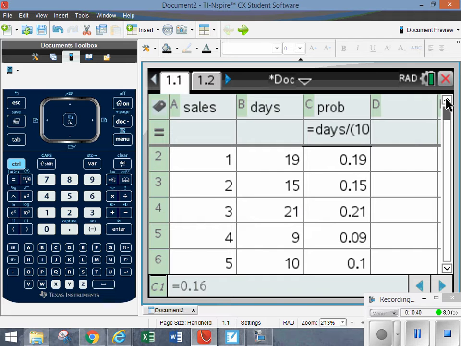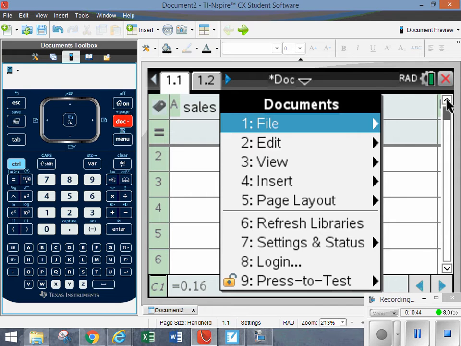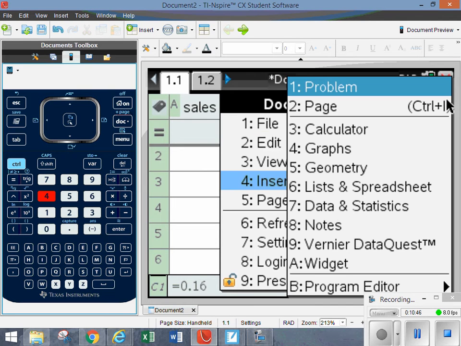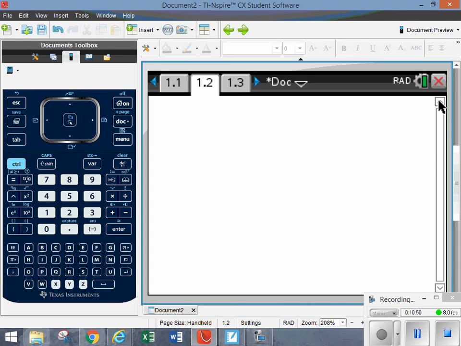And then how will we do that? We will insert a calculator page. So we're going to hit doc, insert. Now we're going to put in a calculator page, number 3. The calculator has a function called sum.